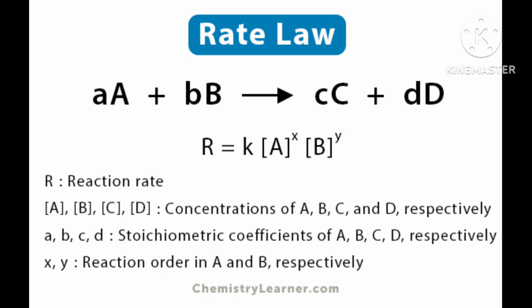In this rate expression, the proportionality sign can be converted to equality, and for this purpose you have to multiply by some constant k. Then the proportionality sign converts to an equal sign. Now rate is equal to k into molar concentration of A power x into molar concentration of B power y.